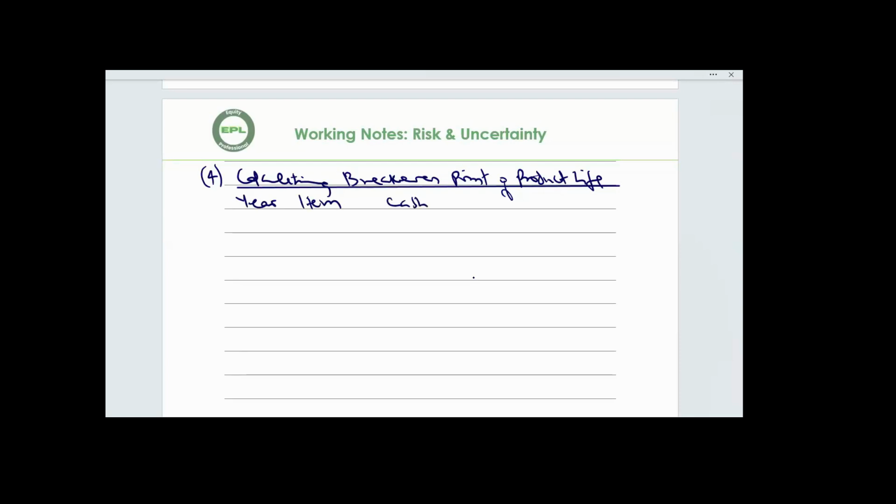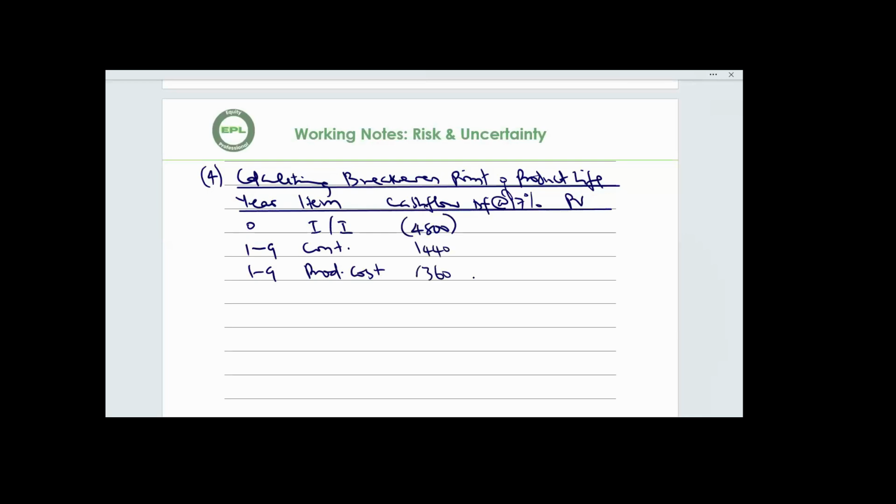Cash flow. Discount factor still remains at 17%. Then the present value. Year 0, year 1 to 9. Initial investments, annual contribution, production cost. 4,800, 1,440, 360.